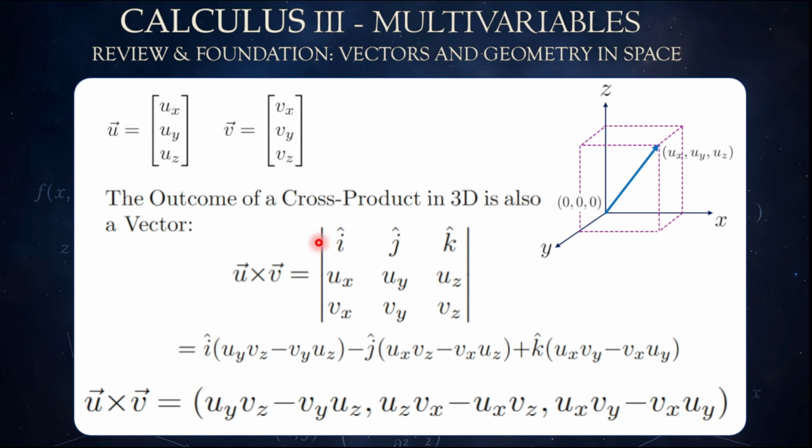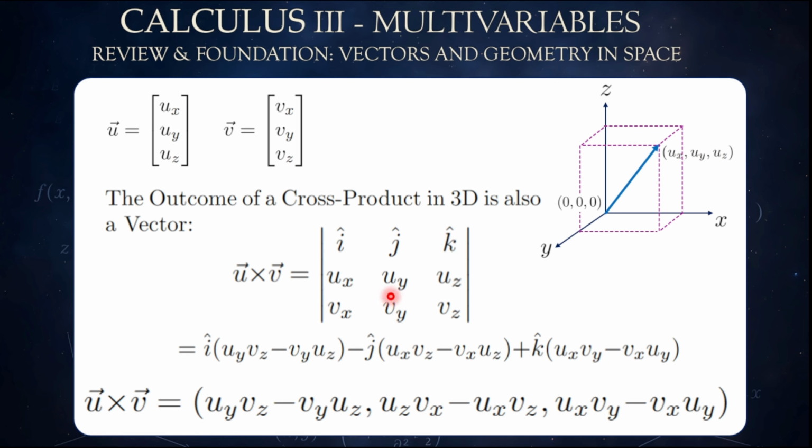Okay, for i, you cross out the row and the column where they intersect at i, and then you multiply what's underneath them in the method of determinants. So i times (uy vz minus vy uz), minus, here is another thing to pay attention to, the signs go plus, minus, plus. So minus j, and j is where a row and a column intersect.